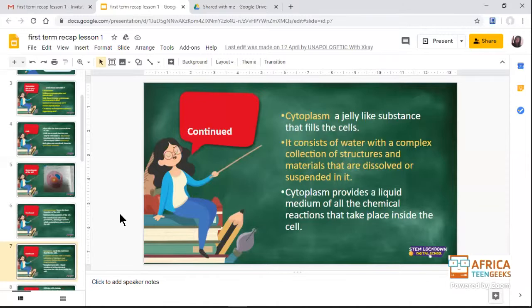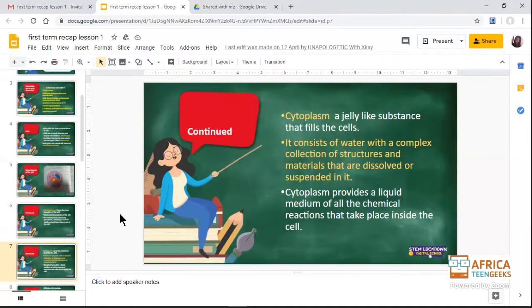And then the cytoplasm. As I mentioned, it is a fluid or substance around the cell. So it is a jelly-like substance that fills the cells. So it consists of water with a complex collection of structures and materials that are dissolved or suspended in it.